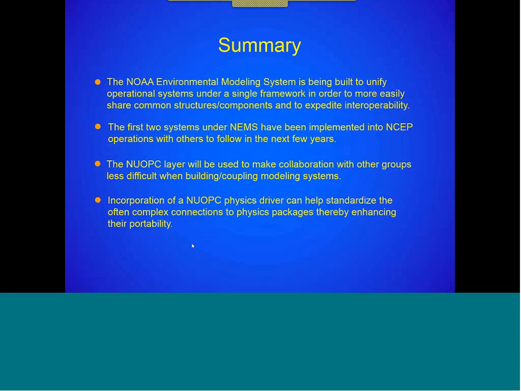Expedite's a good word for it. It doesn't mean plug and play, but it just helps in some way. The first two systems have been implemented already, with more to follow. We'll make collaboration with other groups less difficult, hopefully, and we're going to include this NOAA CPO physics driver.